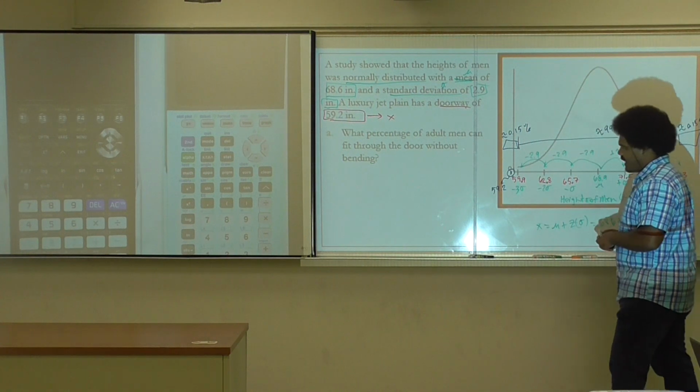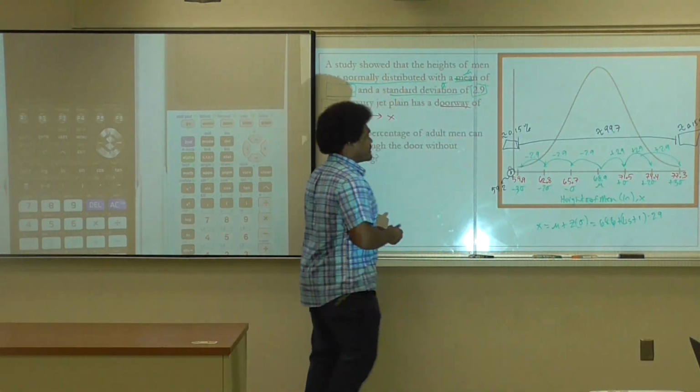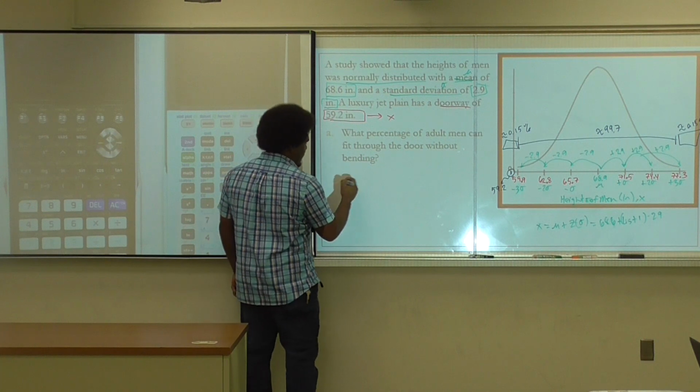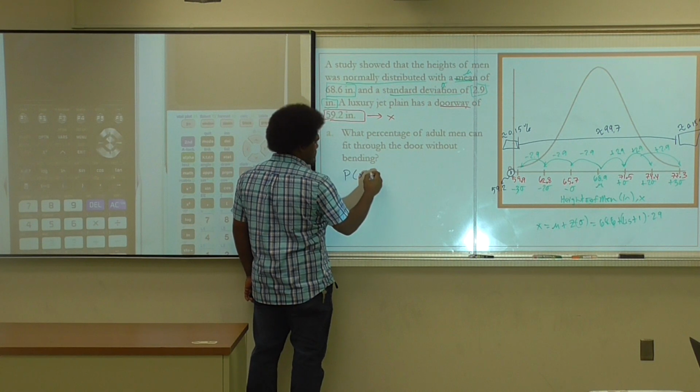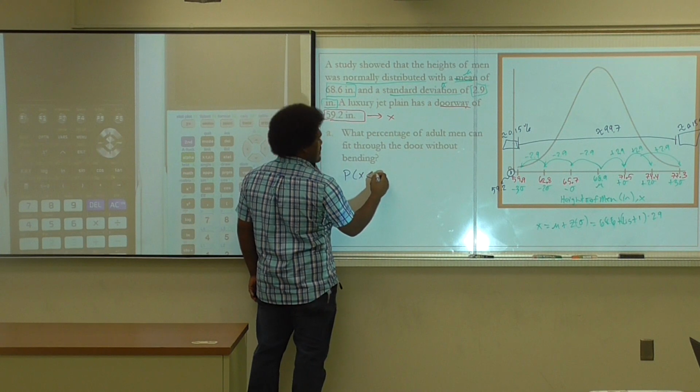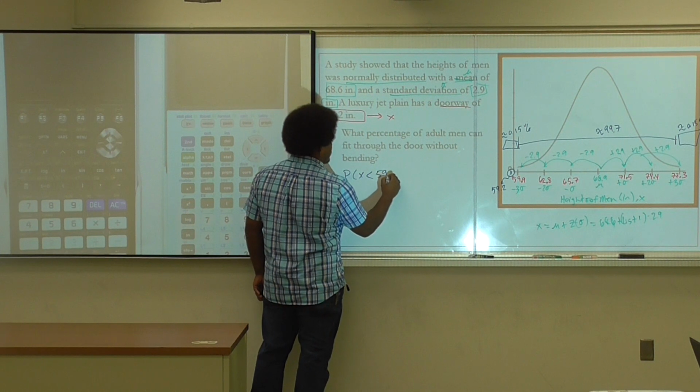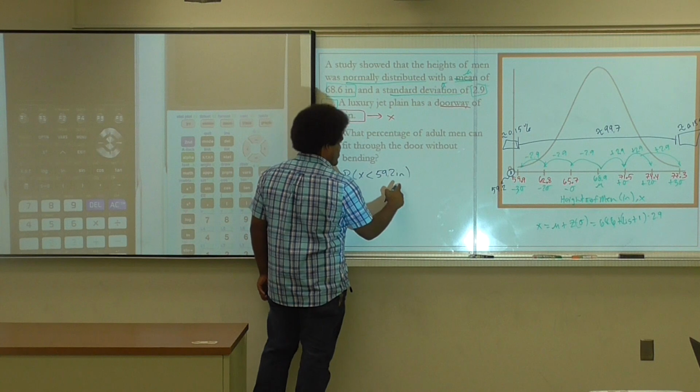Putting into our calculator, what we're looking for is normal distribution. We have to get to our distribution, and we're going to be writing this value. So we're looking at the probability that our x measure is less than, once again, 59.2 inches. So less than this.